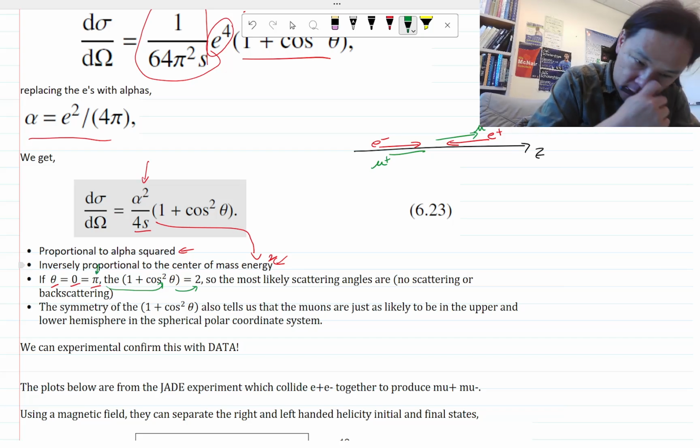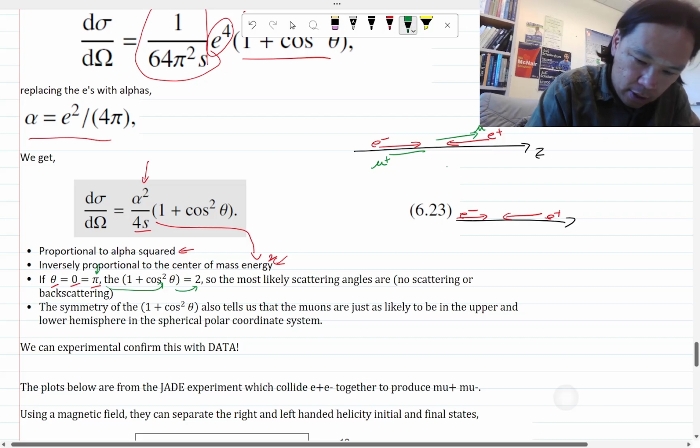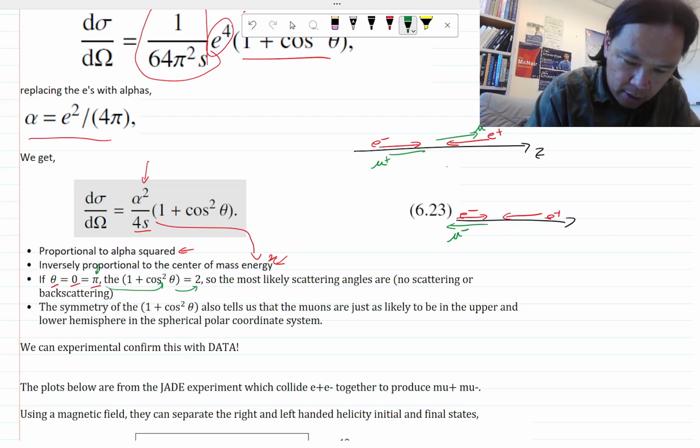I can switch this around, because theta could also be pi. Let's do the second process instead of overwriting it. Same thing here, e plus e minus, and now theta equals pi, so that's mu minus, and then mu plus.